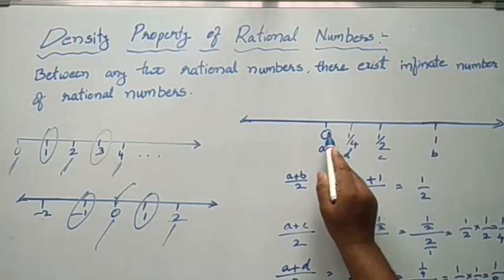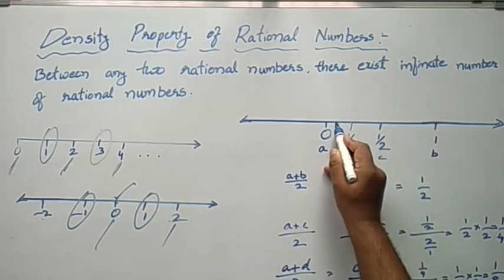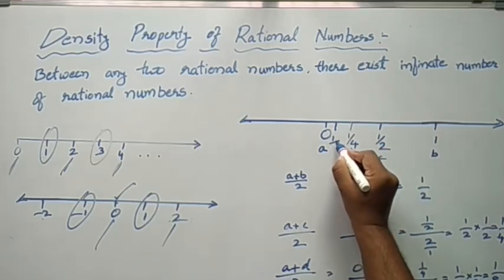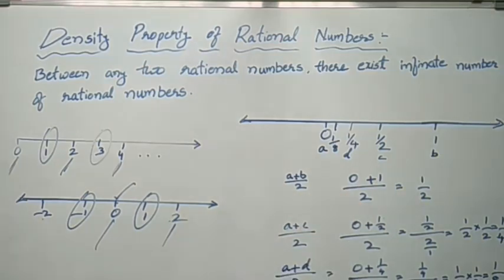Means in between 0 and 1 by 4, here 1 by 8 exists. Wherever you take, an in-between number will exist. So that's why we can say that in between any two rational numbers there exist infinite rational numbers.